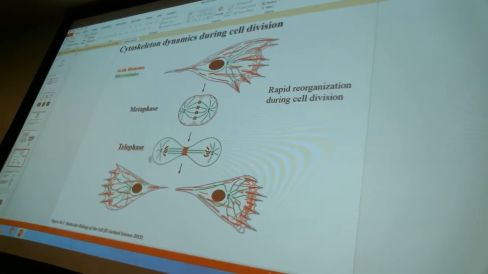As you can see, as the cells progress into telophase, the contractile ring develops into this very tightly organized ring structure.